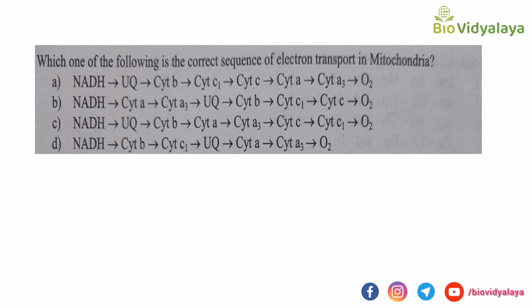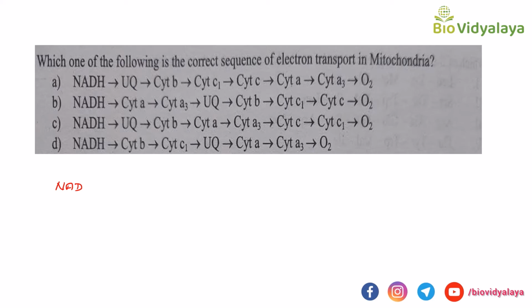So next question, which one of the following is the correct sequence of electron transport in mitochondria? This is very easy question if you know how electrons are transporting in electron transport chain. Here electron transfer from NADH is given. So let's see how electrons are transferring in electron transport chain.